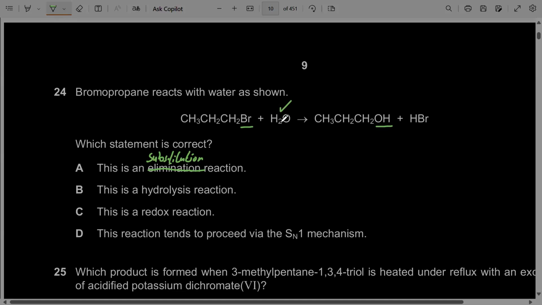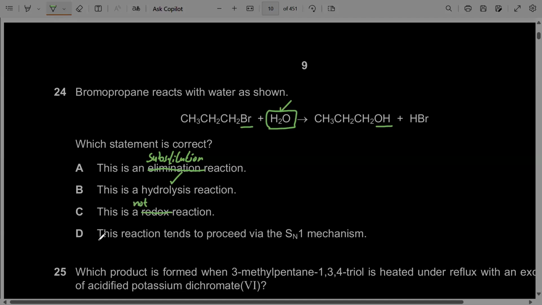As a result, water itself splits, and it has produced a new compound, which is considered hydrolysis. What about C? This is a redox reaction? You do not see any change in the oxidation number of any element. So it is not a redox reaction.